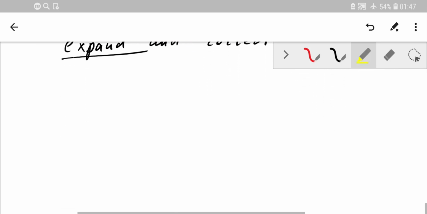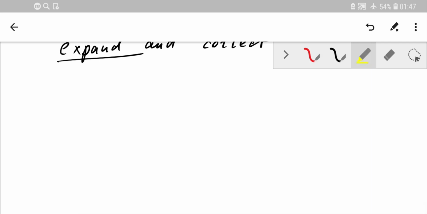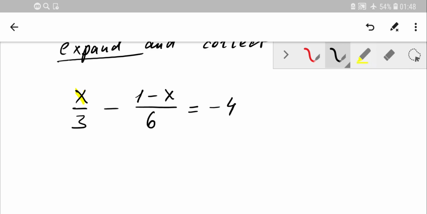So let's do something a bit more complicated, with fractions now. What if we have something like this: x over 3 minus 1 minus, say, x over 6 equals negative 4.